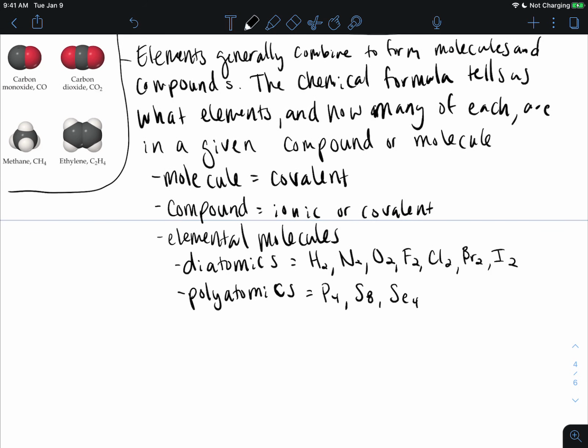So our chemical formulas are there to differentiate one molecule or compound from another.